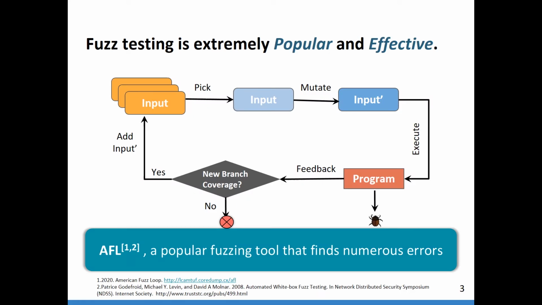In recent years, coverage-guided, mutation-based fuzz testing has emerged as one of the most popular and effective test generation techniques for large software systems. For example, the American Fuzzy Lop, also known as AFL, is a popular fuzzing tool for C and C++ programs, and it finds numerous errors.